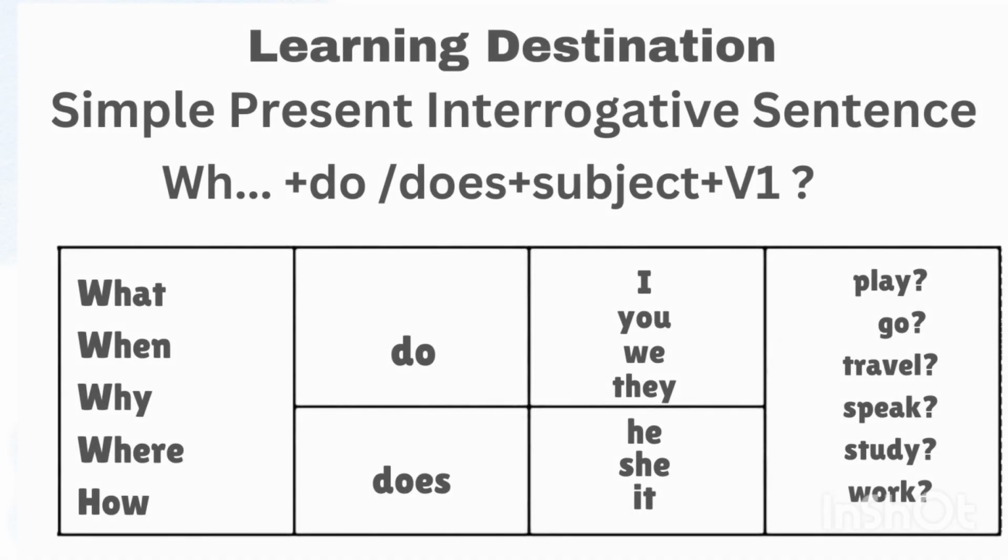Why delay? Let us get into our topic, and today's topic is how to make present simple interrogative sentences. Here you can see on the screen the structure of a simple present interrogative sentence.